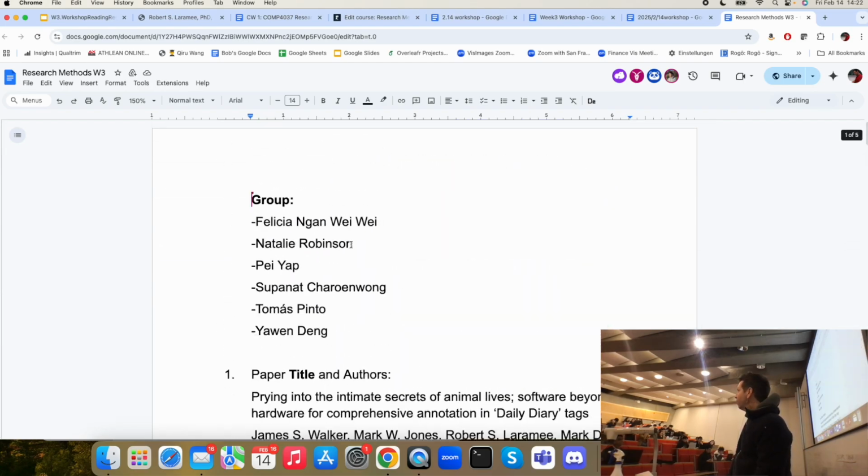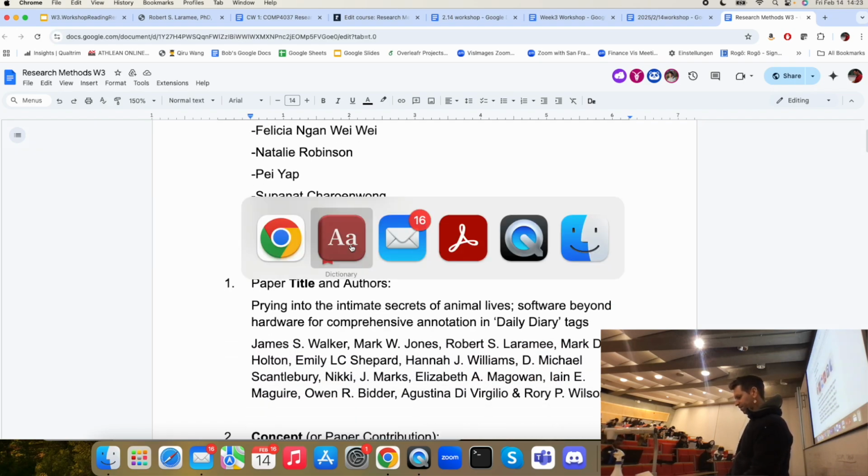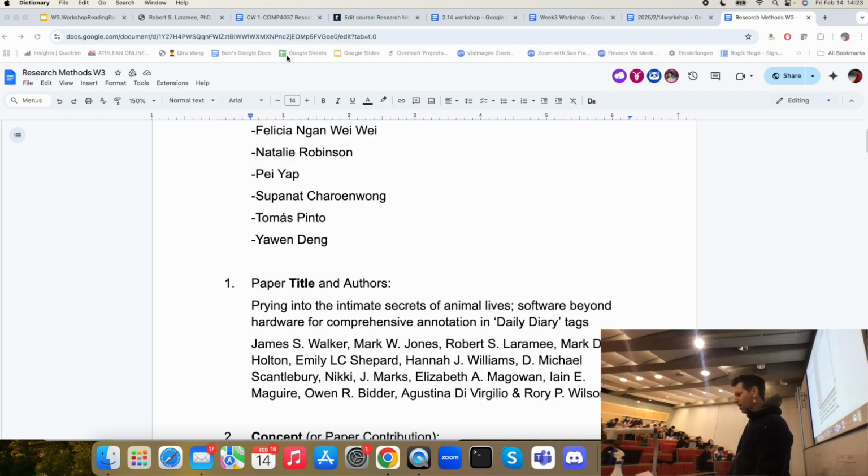Questions or comments about that one? Gesundheit. I don't understand why this window comes up. It just seems to come up sometimes when I'm trying to highlight the text.